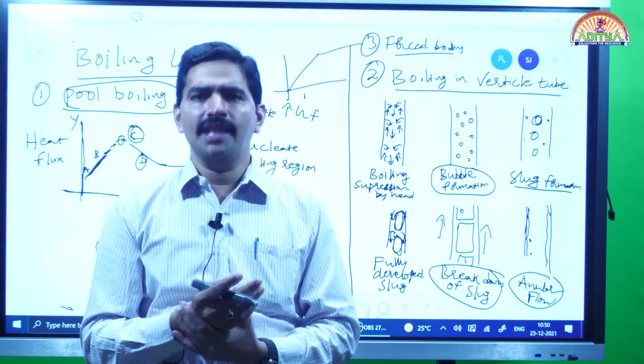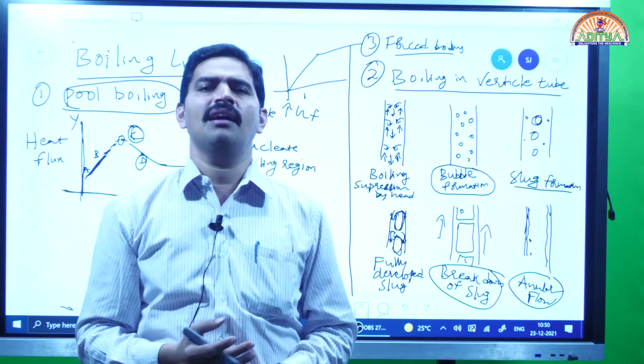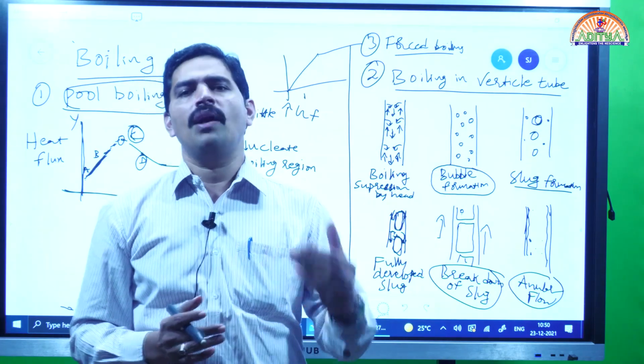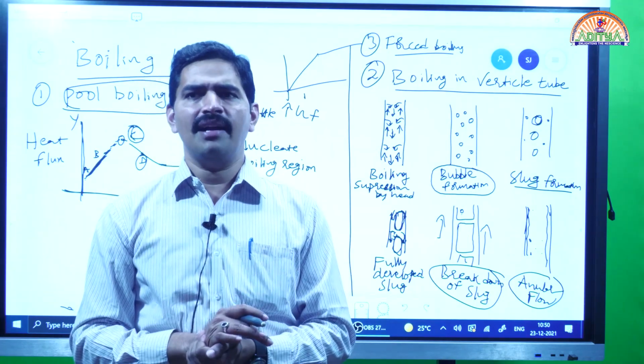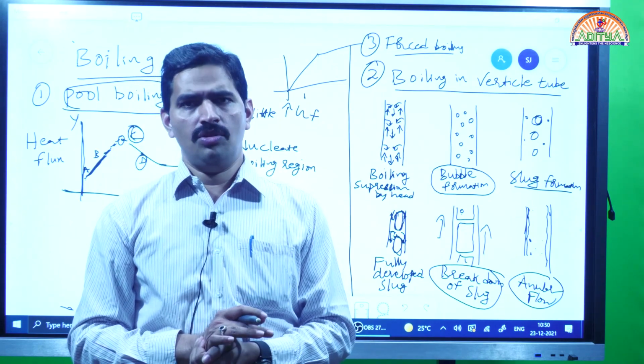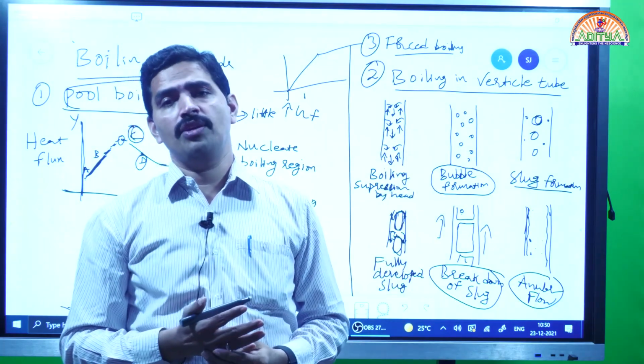If you increase the heat flow with the help of agitation or mixing of the liquid by means of a stirrer or an agitator, whatever it may be, it is called forced boiling. In such a way, the rate of heat flow is going to be increased.